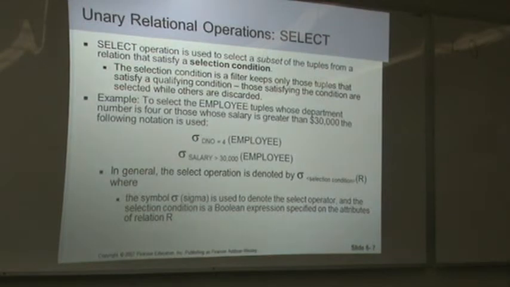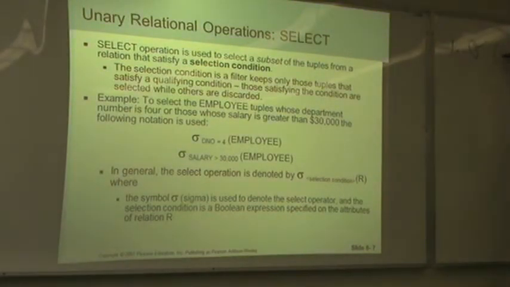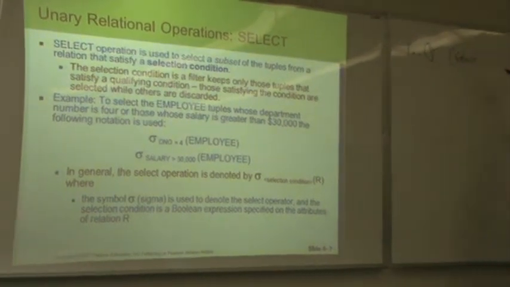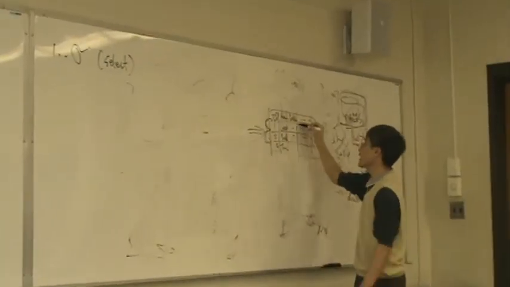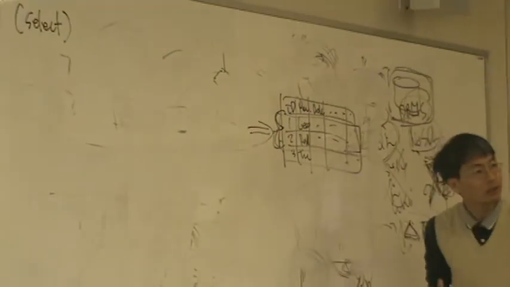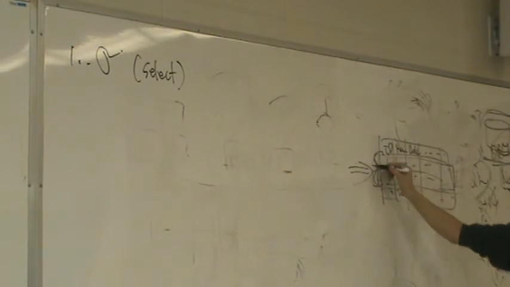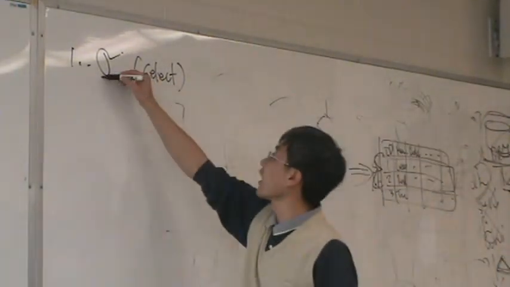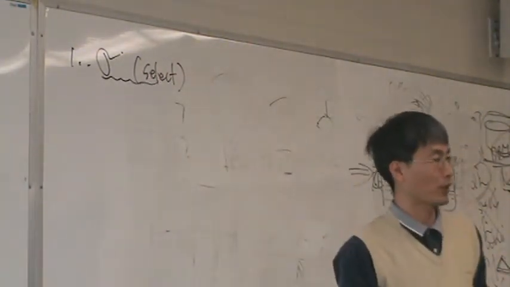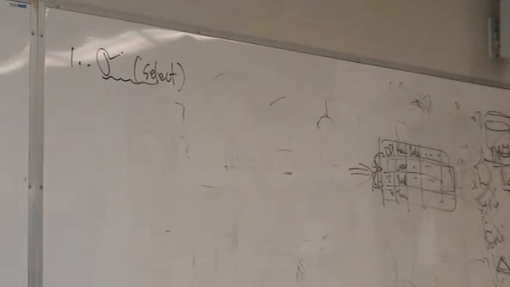Okay? So the first operation is sigma, right? Sigma is called select. We try to select the data, the tuple, the row we'd like to select, following the definition of a relation. Okay? This is the select operation, the first operation to access the data. One more important thing.